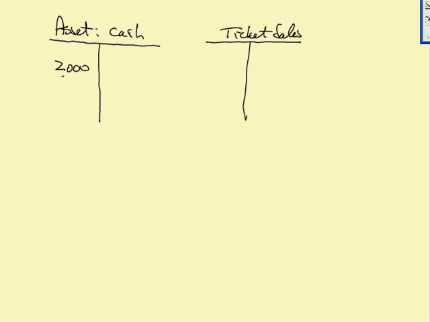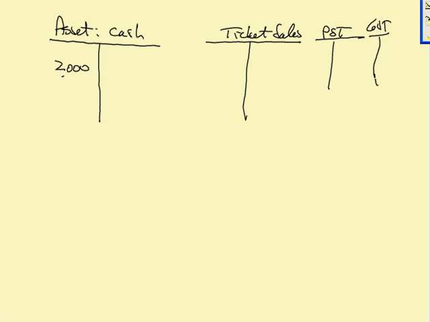But we also collected provincial sales tax and GST. So we have two more T accounts involved. Because the GST is 5% of ticket sales and the PST is 7% of ticket sales, then just doing a little math, and I won't show you how to do that right now. If you need to know how to do it, just let me know.